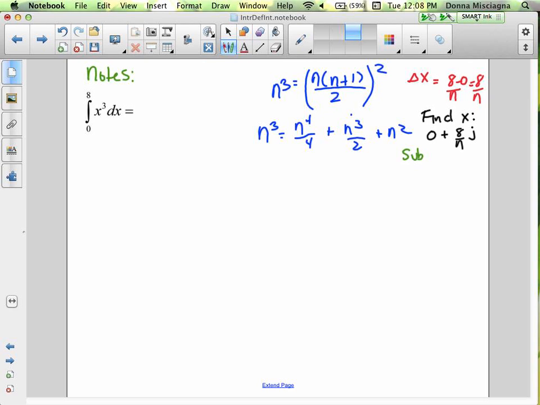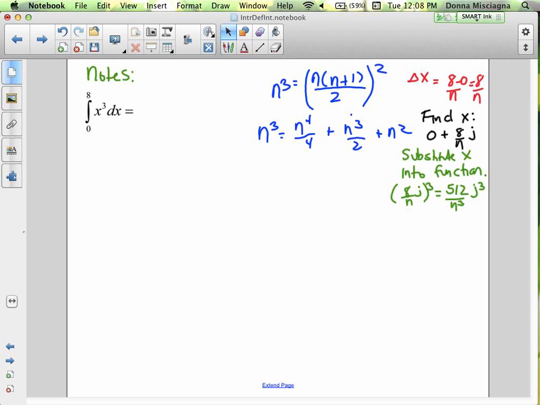So we'll substitute x into the function x cubed. Now we can all agree we don't need the 0, right? So we have 8 over n times j, all cubed, would be 512 over n cubed times j cubed.